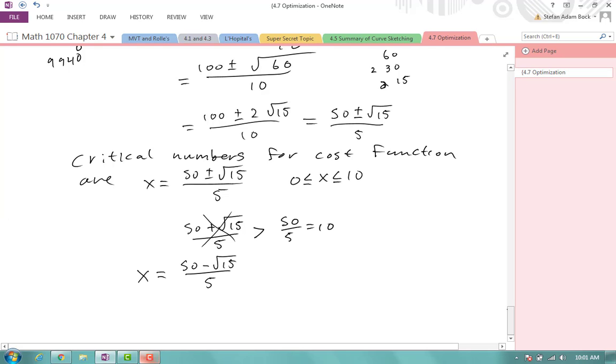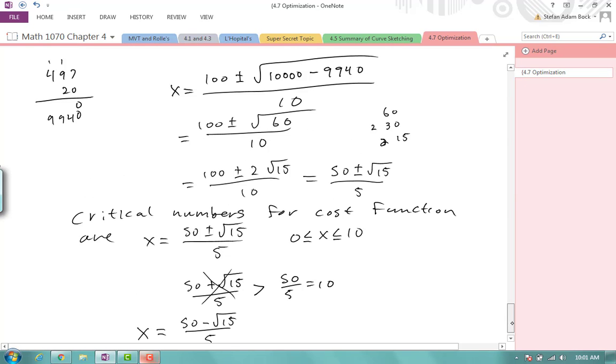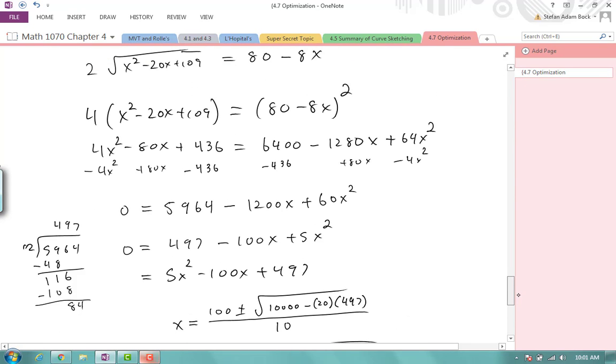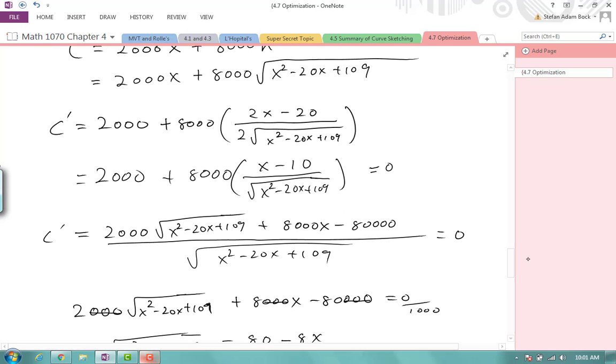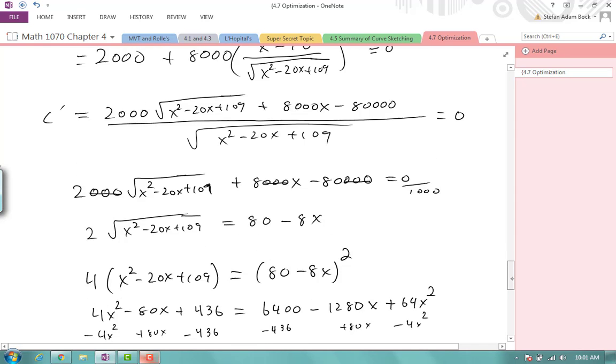And again, I could use the second derivative to find the concavity, or I can use the first derivative test. Now, given my cost function, the derivative of my cost function is this fraction involving square roots everywhere. I'm again going to choose to use the first derivative test, because the second derivative would look kind of ugly.